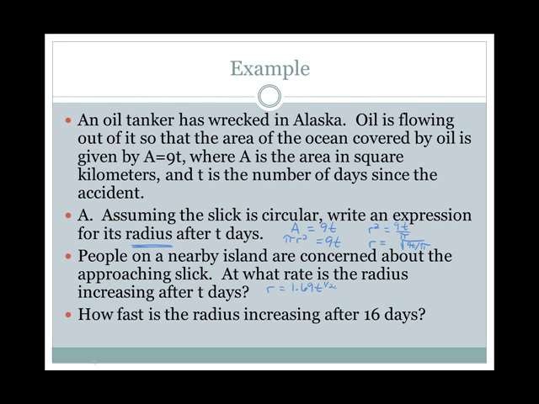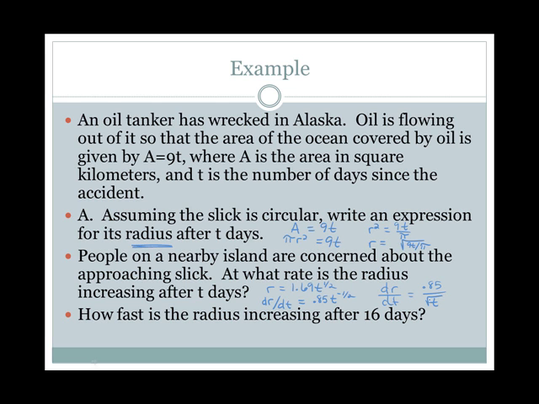Now we're going to take the derivative of this with respect to t. And 1.69 times 1/2 is 0.85 t to the negative 1/2, and the derivative of t with respect to t is 1. So dr/dt equals 0.85 over the square root of t.